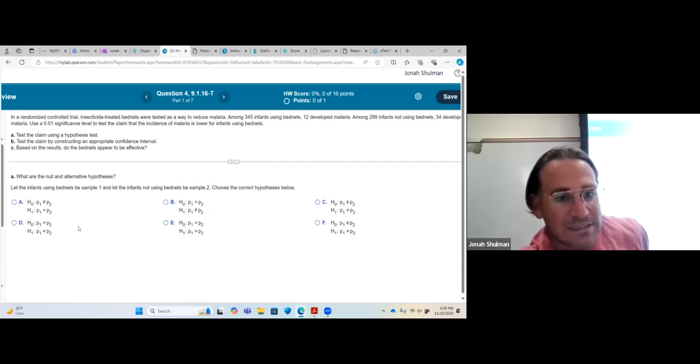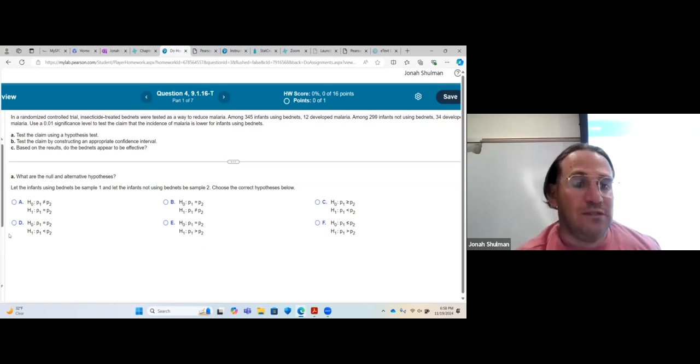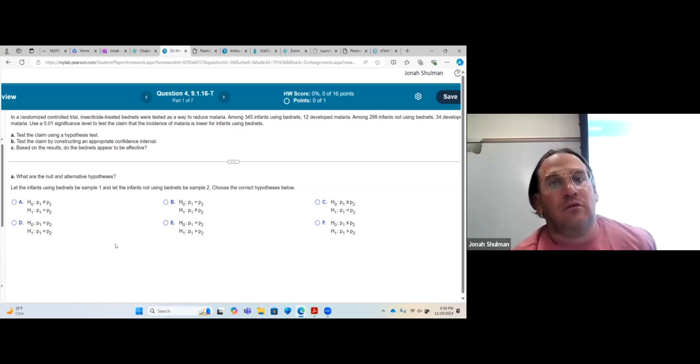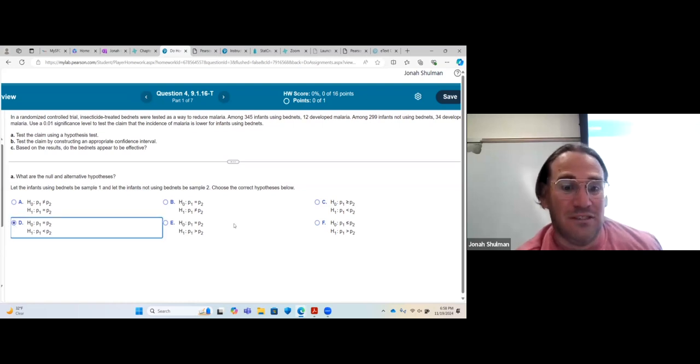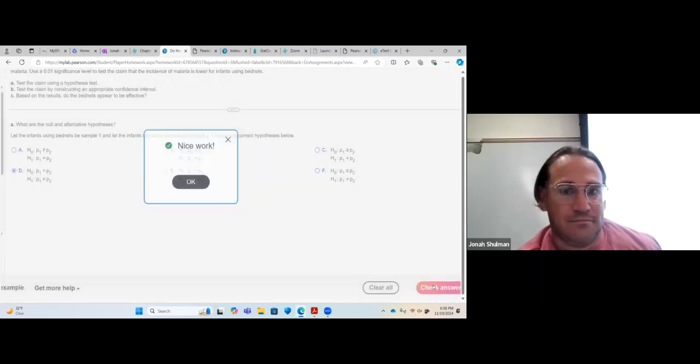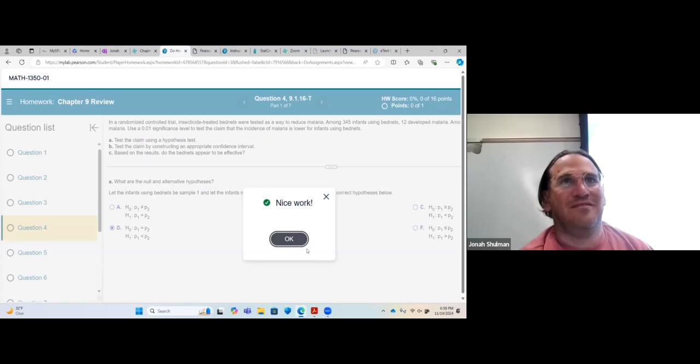So is it going to be P1 less than P2 or P1 greater than P2? What do we think? Is it D or E? We want to make sure fewer infants get malaria. I'm going D, right? Does that make sense? Let's see if it's right. Nice work. All right. Step 1, right?